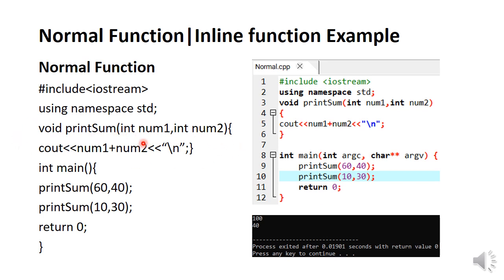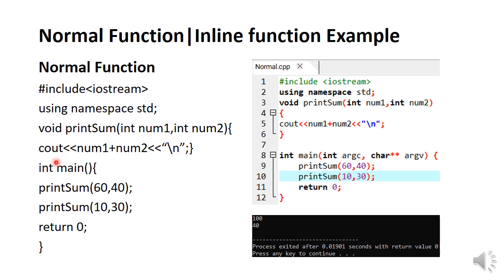This function contains two parameters, num1 and num2. And the statements of this function are: cout num1 plus num2 and the new line.